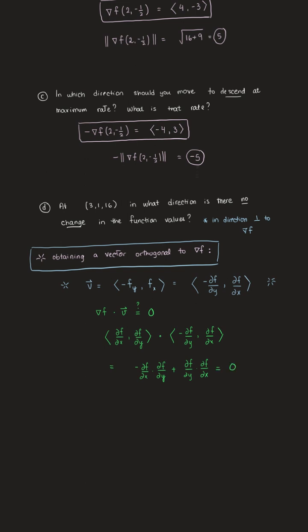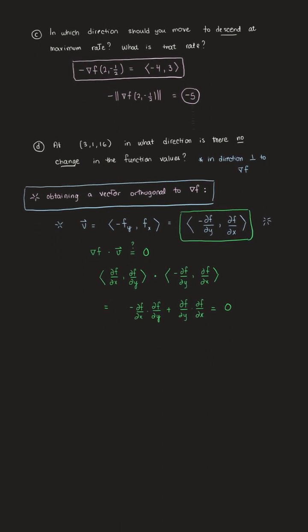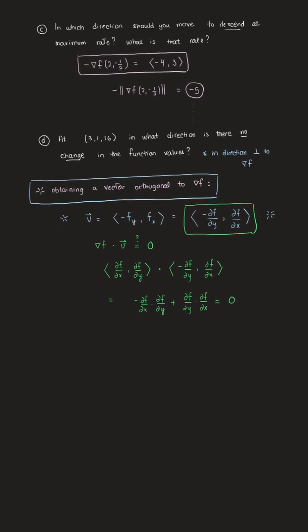So make a note for yourself that the vector obtained by switching the components of the gradient and making the first one negative will be perpendicular to the gradient. So back to our question: in what direction should we go so there's no change in the function value starting at the point 3, 1, 16? We're going to need the gradient for our paraboloid. We already found that to be 2x and 6y.